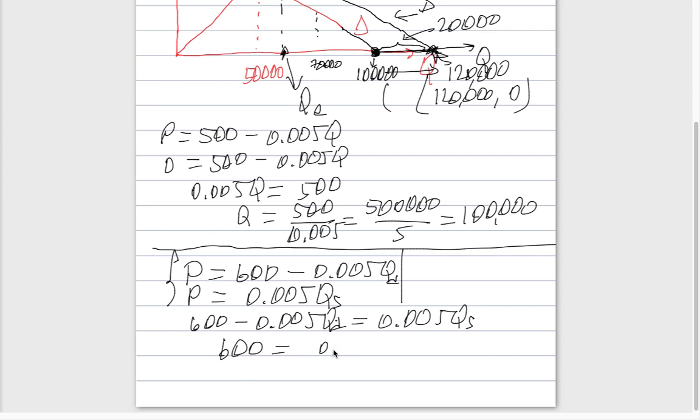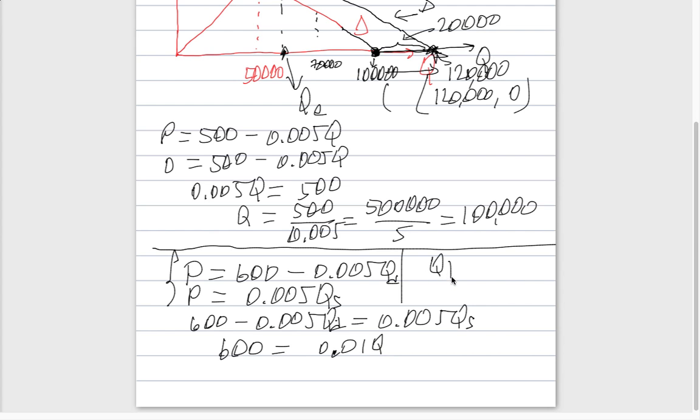When you take this to the other side of the equation, it becomes positive, so adding up the two gives us 0.01 Q.